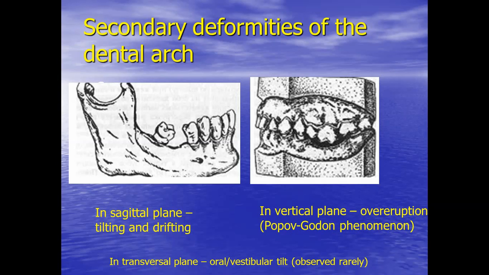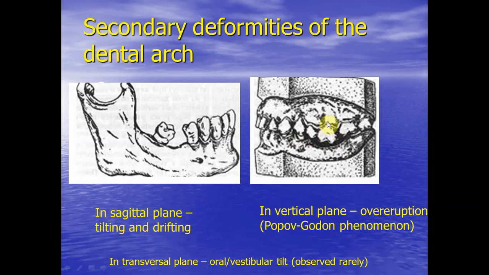And secondary deformity means that the teeth were erupted to proper position and the occlusal contacts were normal, but then because some teeth were lost, the teeth neighboring to them or being against them changed their position. So what do we see as a secondary deformity? The most common one is coming in the vertical plane, and we call it over eruption or Popov-Godon phenomenon.